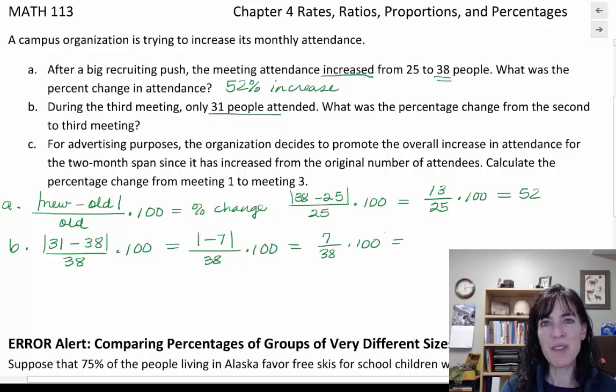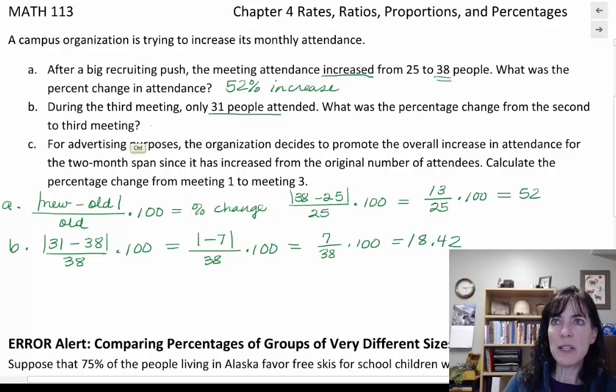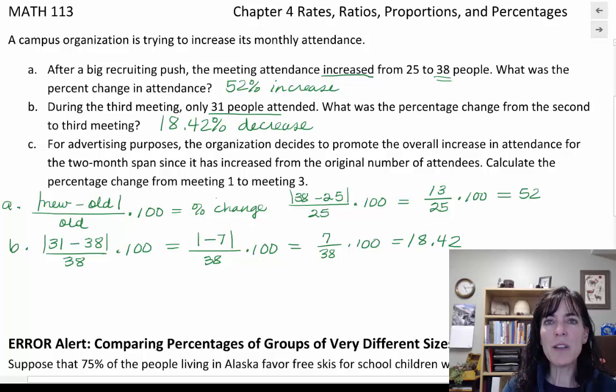I have a -7 sitting on my calculator, so I might just type in 7 divided by 38 times 100, and that converts it to a percent for me, so I have 18.42 as my result. And up here I'm going to write 18.42% decrease. So I do need to add the word increase or decrease to my answer just to make sure that I know whether it was going up or going down.